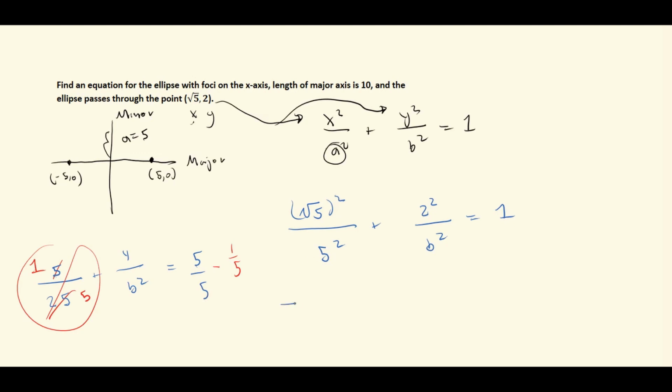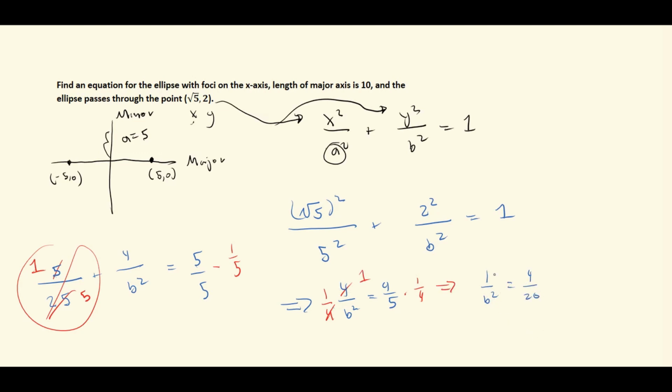So when we do that, we get 4 over b squared is equal to 4 over 5. We can multiply both sides by 1 over 4. This turns into 1, giving us 1 over b squared is equal to 4 over 20.